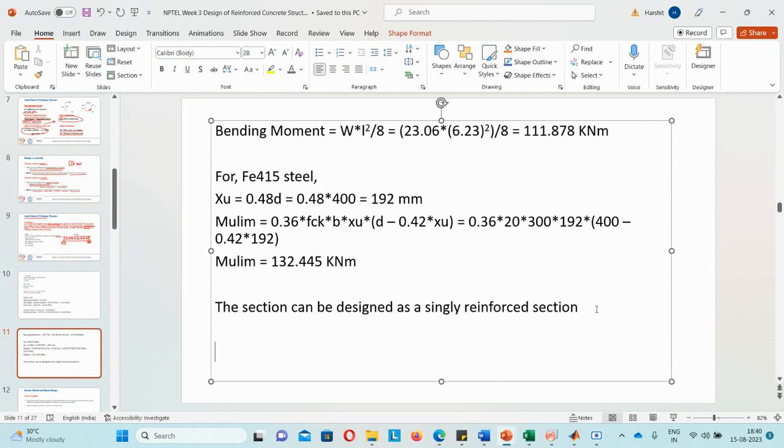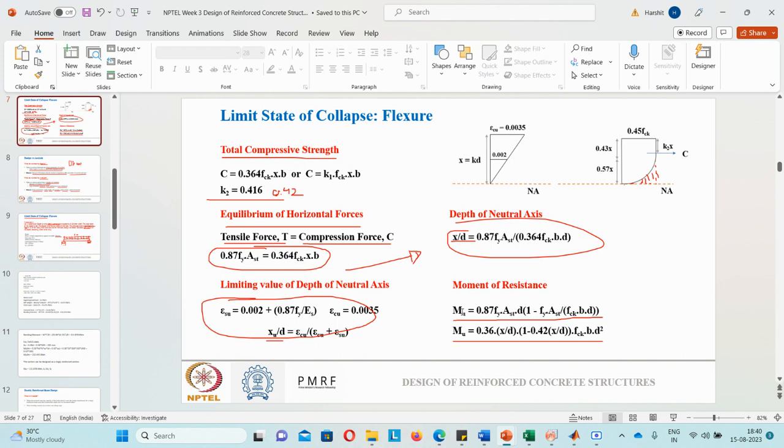Okay. Now it is a simple question. So we know Mu is 111.878 kilonewton meter. We know b value, we know fck, we know fy. So can anyone do the calculation for area of steel? Which formula will we use? This one.